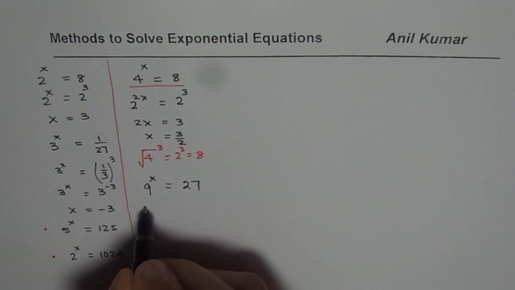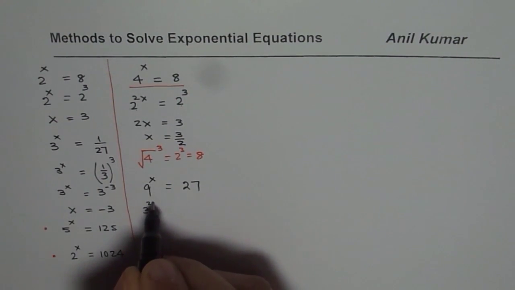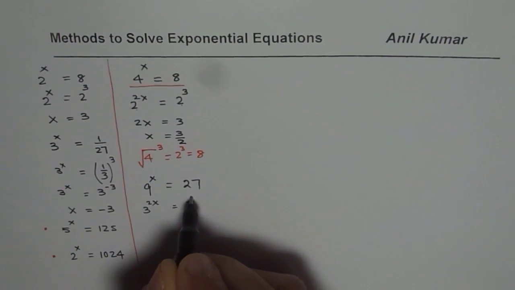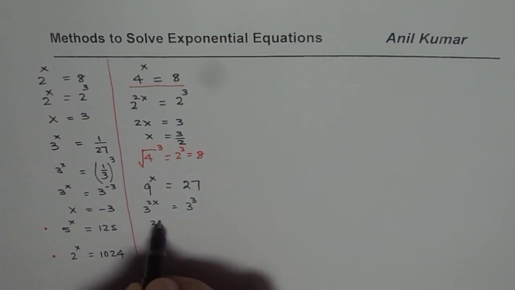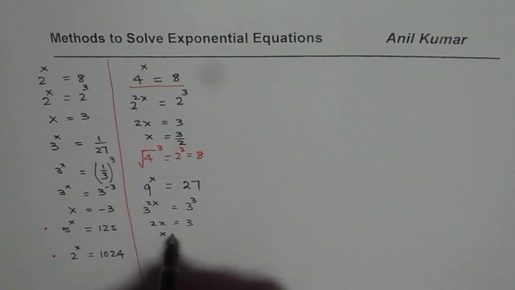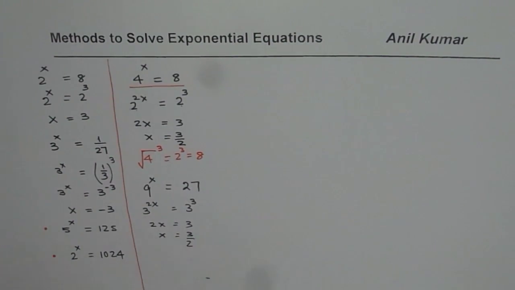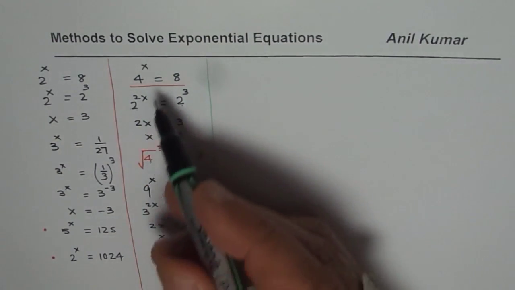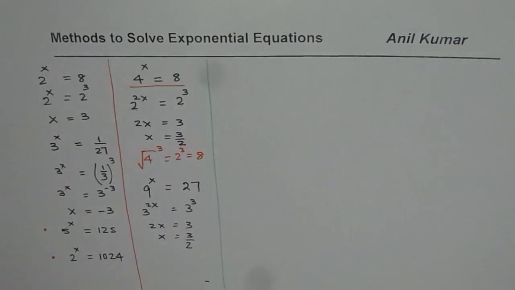For example, here 9 is 3 square and x is already there, so it is 3 to the power of 2x, and 27 becomes 3 cube. So now 2x equals 3, x equals 3 over 2. That is how we can solve it. I hope you understand and appreciate how we can solve these kinds of exponential equations.